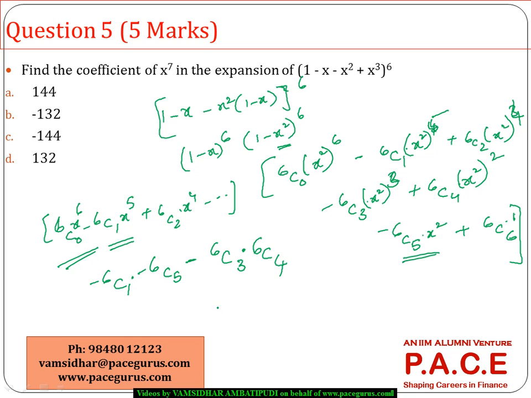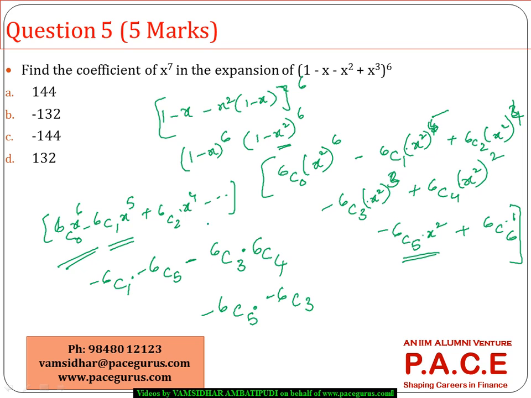Then x squared cannot result, and x can very well result. So for x it will become minus 6c5, and here if I want x power 6 it becomes minus 6c3.